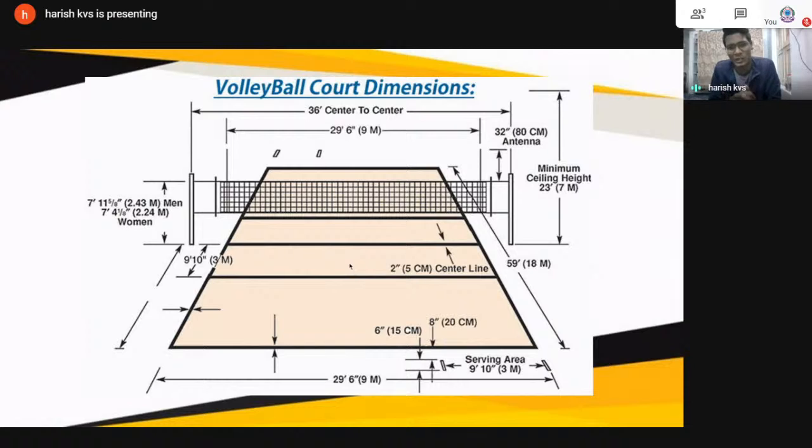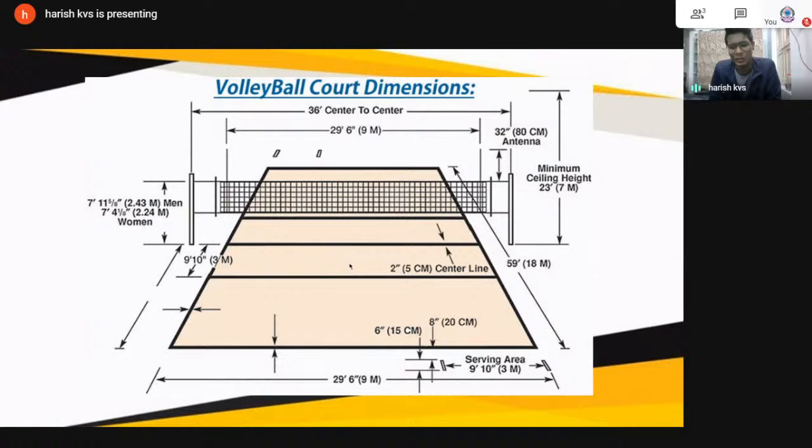The court measures 18 by 9 meters, divided by the center line right underneath the net. There is one more line called the attacking line, marked between the center line and the end line. There is also a service area, as you can see towards the bottom right of the picture, from where a player starts to serve the volleyball, and then the game begins.